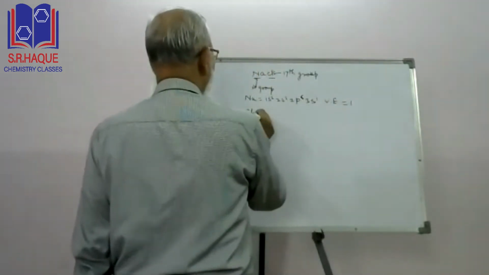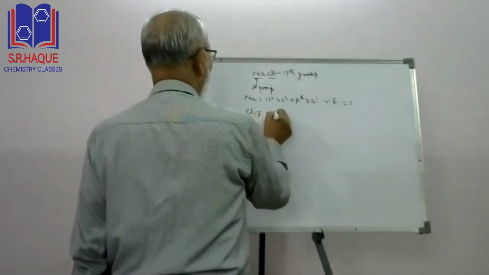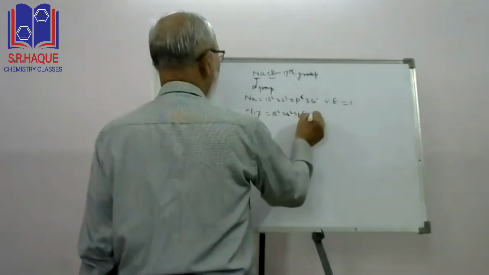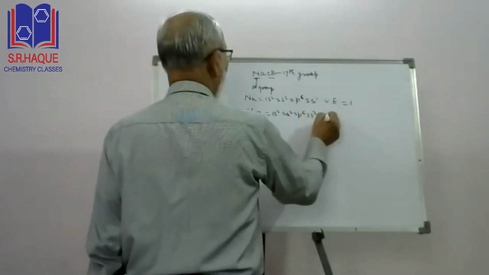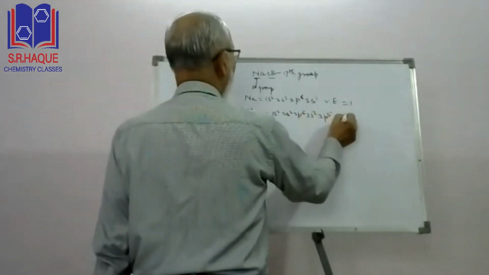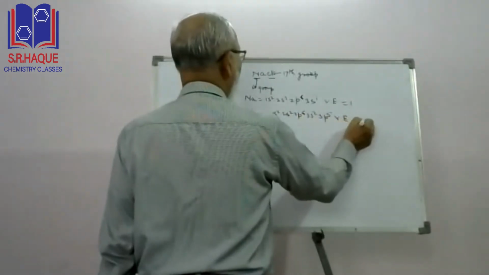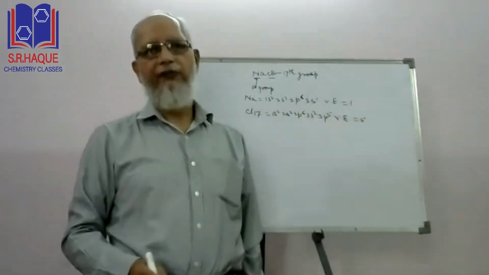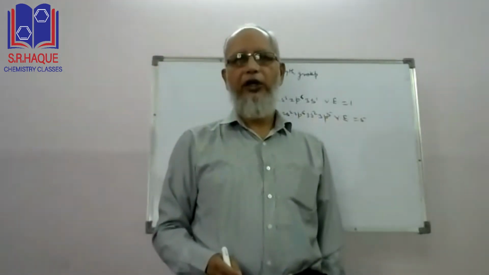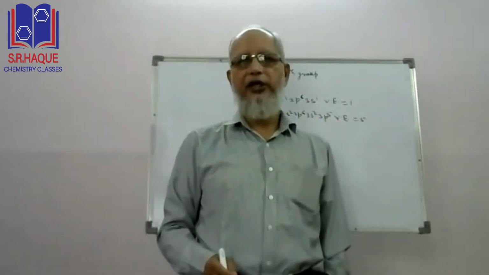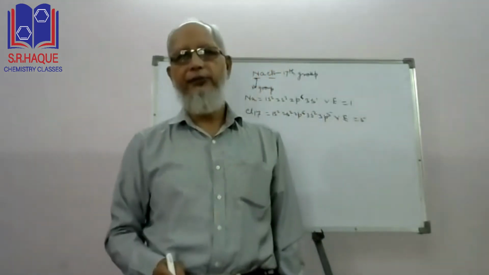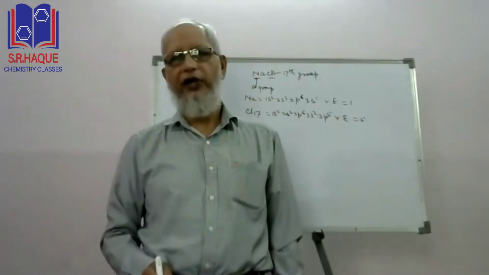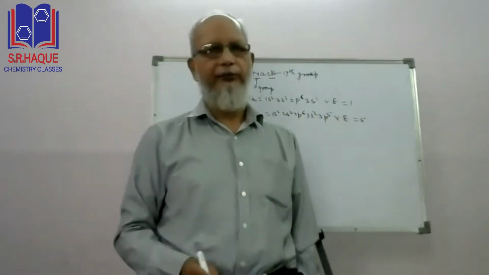Chlorine 17: 1s2, 2s2, 2p6, 3s2, 3p5. And I already told you that elements tend to gain stability, and stability is gained when they have the outer electronic configuration of their nearest inert gas, that is s2p6, or in case of hydrogen, it tends to acquire the 1s2 electronic configuration.